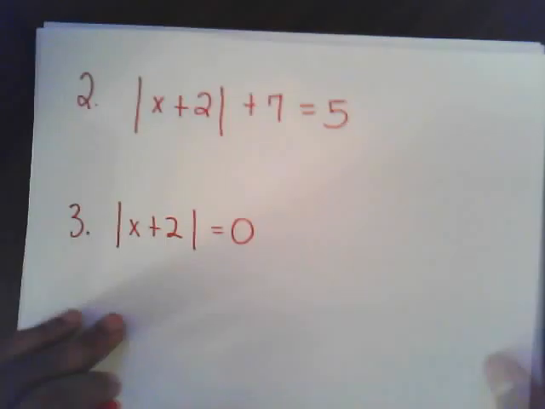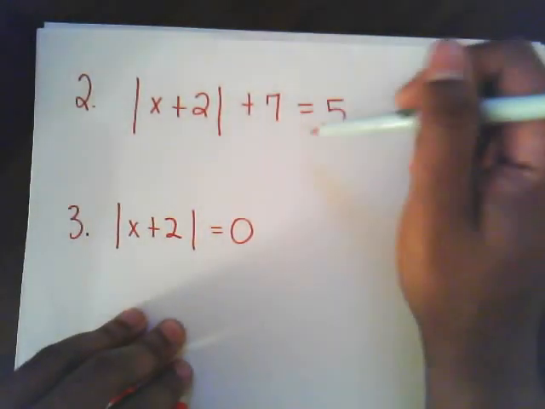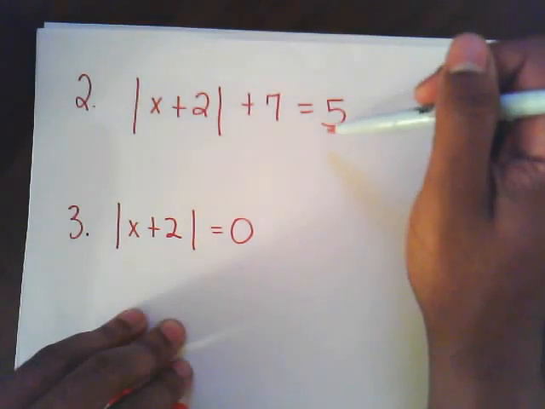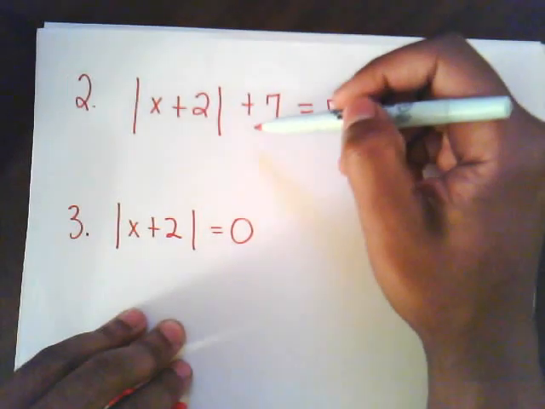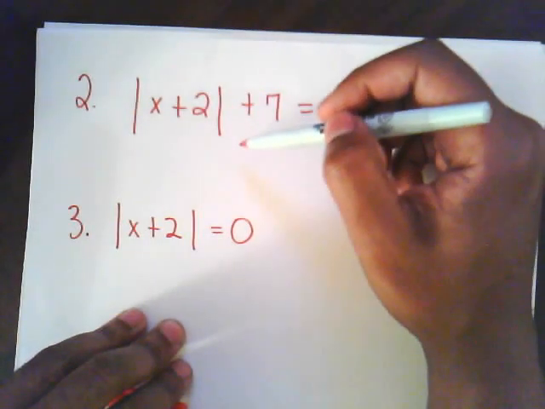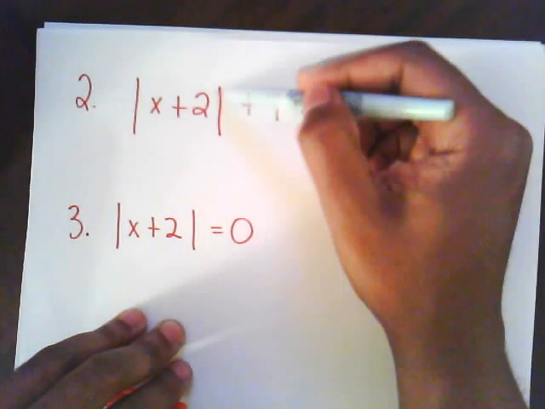Let's try another example. The absolute value of x plus 2 plus 7 equals 5. First thing we're going to do is move everything away from the absolute value by doing the what? Correct, the inverse operation. Here's our absolute value.